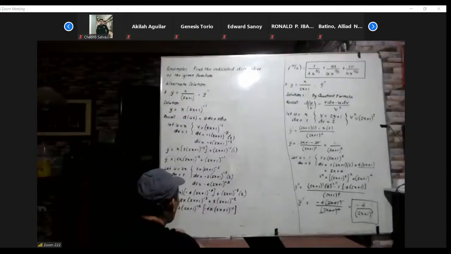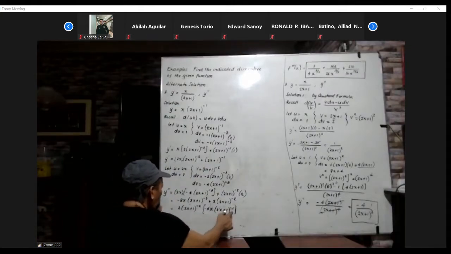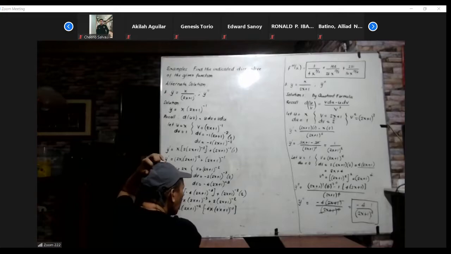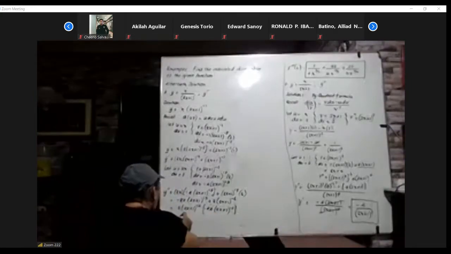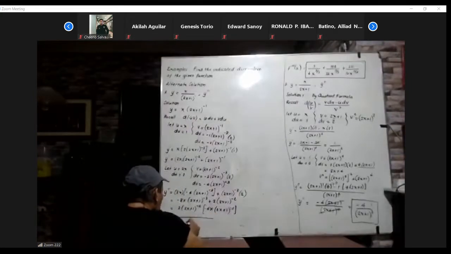Sandali, yung 8x, okay. So tingnan natin guys, ito pwede natin ibaba. Okay, so mayroon ba tayong mali dito? Mayroon ba tayong kulang? Okay, kasi pwede na natin itong baba. Ang natin ilagay ay 2x plus 1. Okay, negative 2, negative 1, so 3.